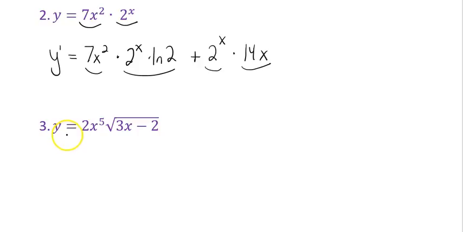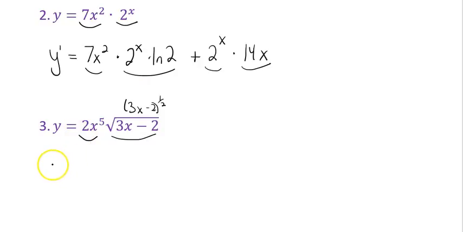When I get to number 3, before I start, I need to realize that this is the first, this is the second, but I need to think of that second piece as being 3x minus 2 to the 1/2 power, because when I'm getting ready to take the derivative of a radical, I need to make sure that I have it in power form, in exponential there.